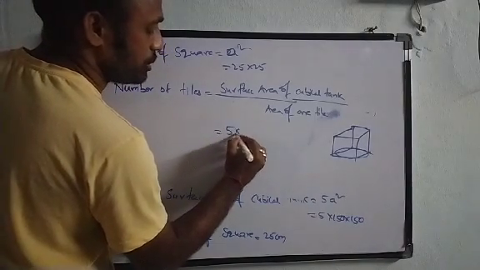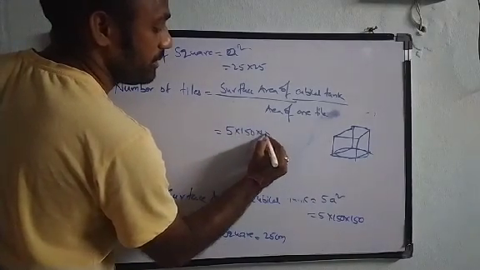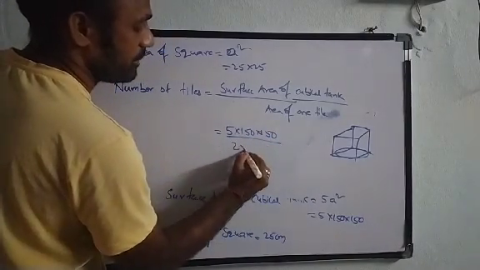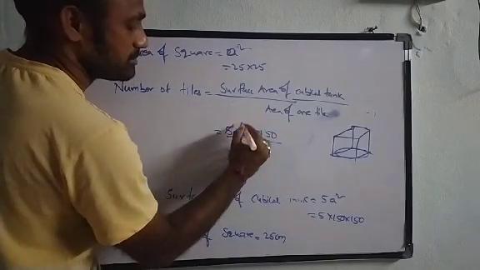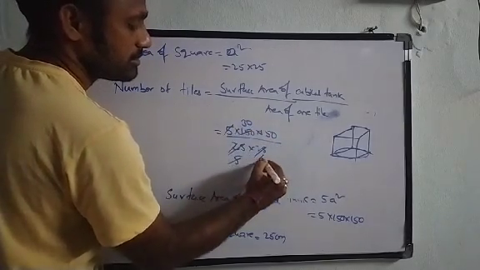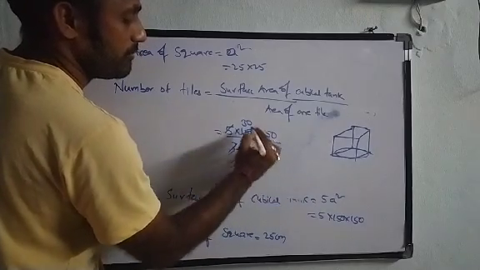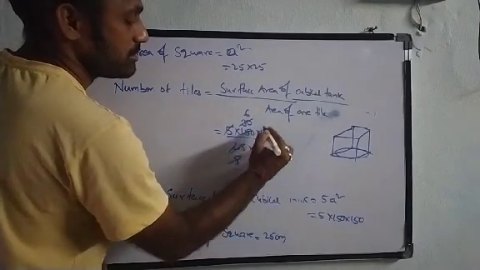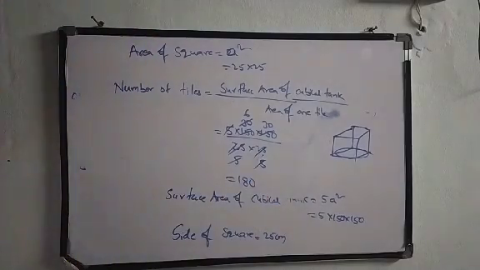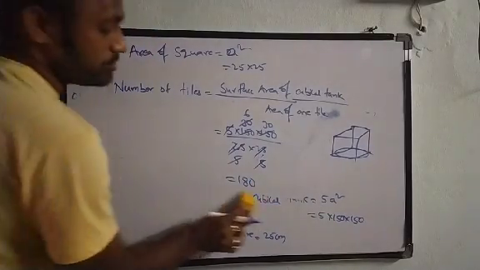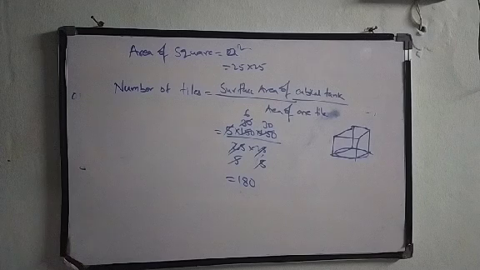So here it is 5 into 150 into 150 by 25 into 25. So 5 times 6 is 30, 5 times 6, 30. So we are going to get 180 tiles required in total. The number of tiles is 180.